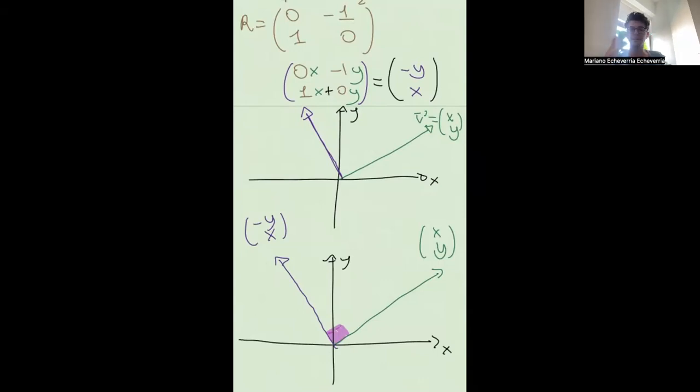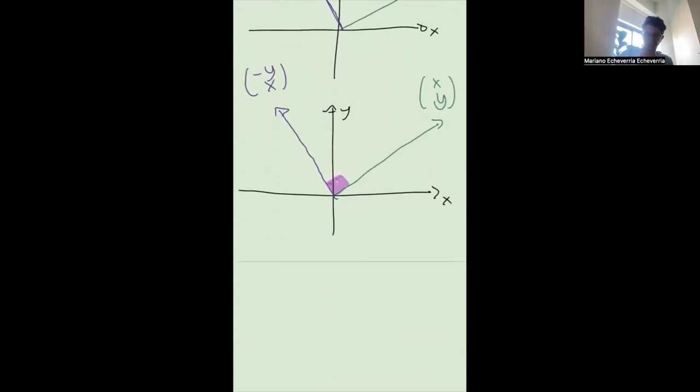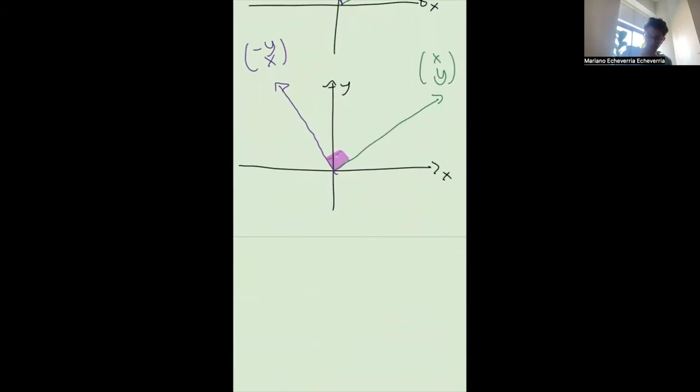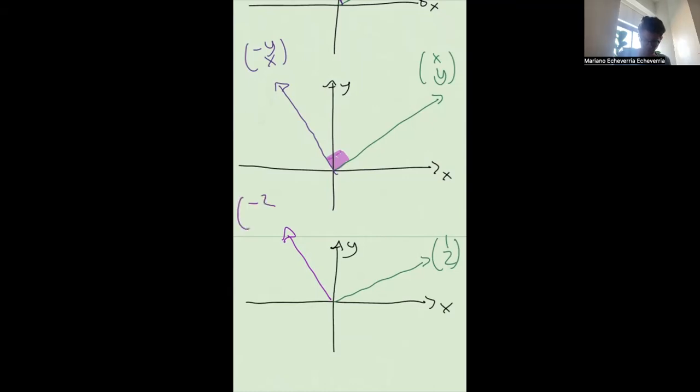Right, yes, correct. So we can make this more concrete. If the first vector was 1, 2, right, the second vector, what are the entries? It would become negative y, so it's negative 2, and then x, it was 1.